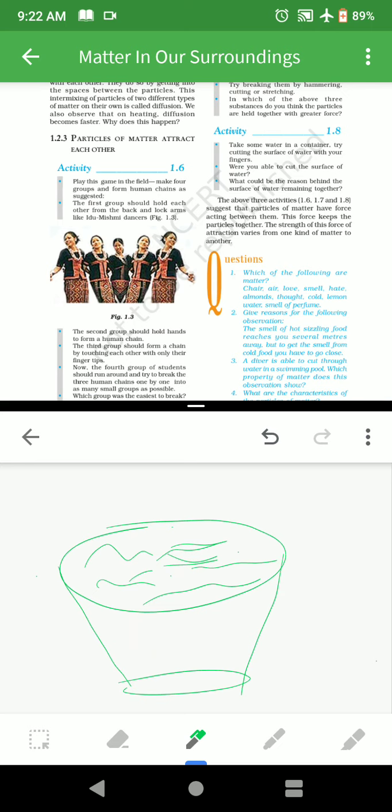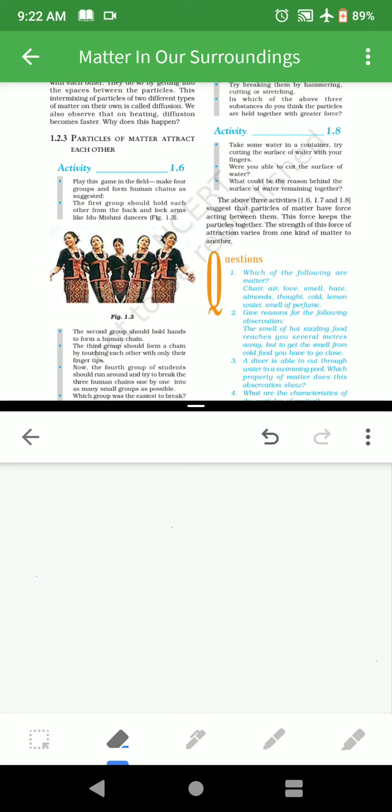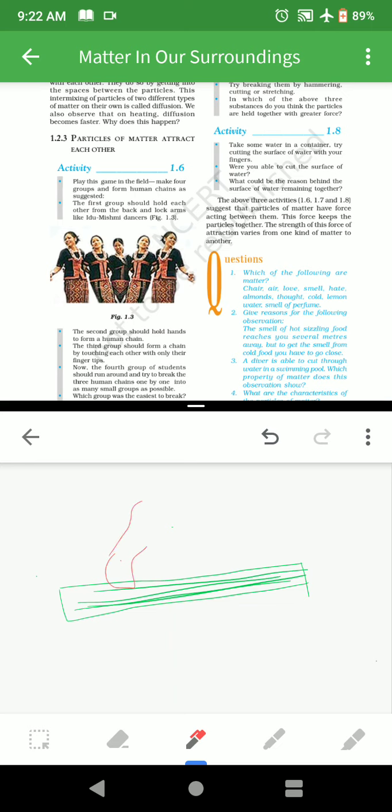Or one more example we can see, suppose an iron beam. Here is your iron beam. Now if you apply force here with some iron metals, what will happen?